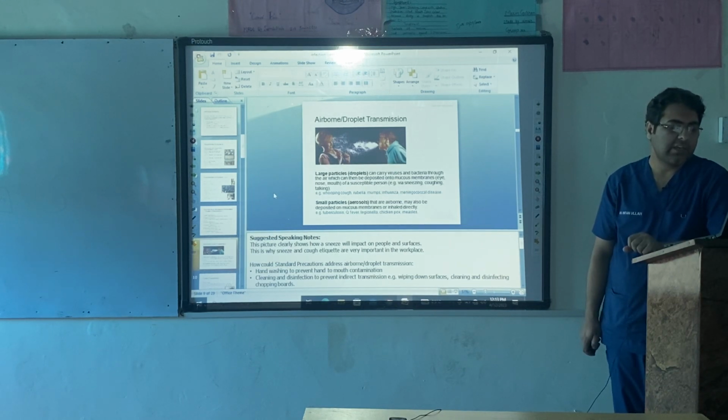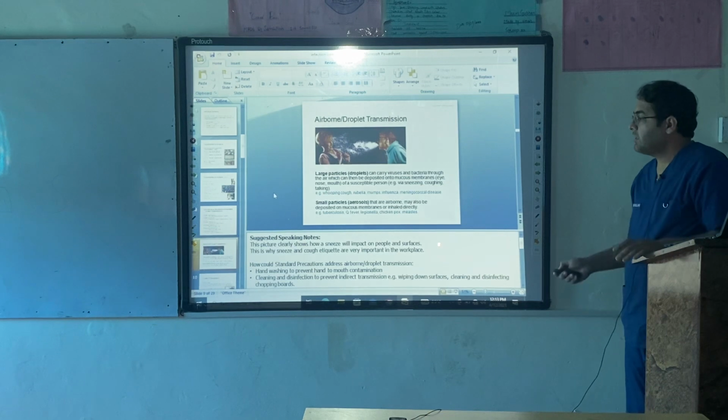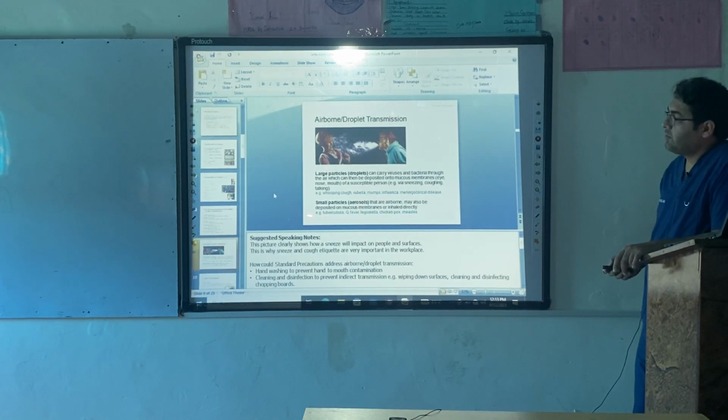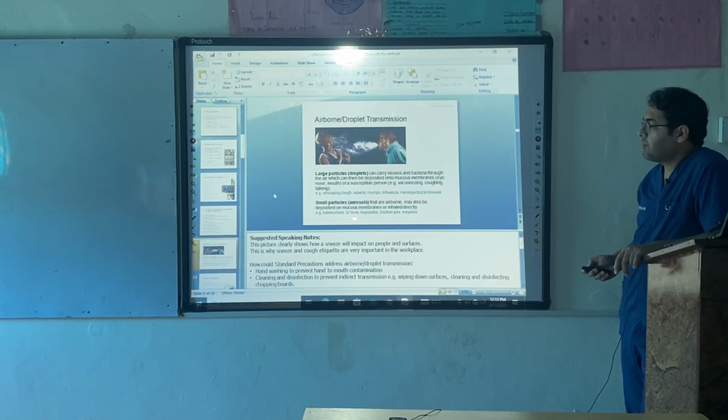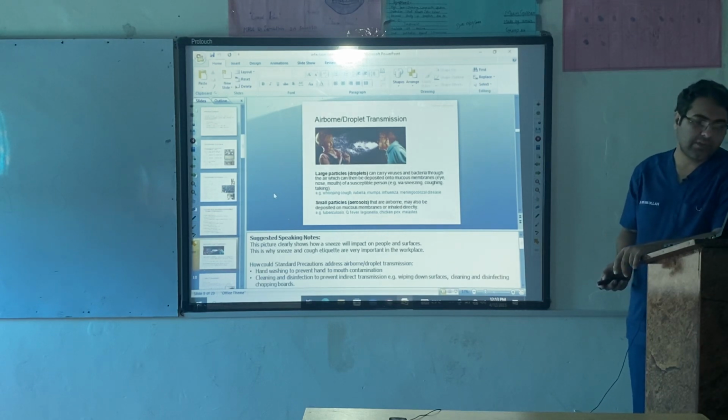Small particles, including aerosols, that are airborne and fly in the air may also be deposited on mucous membranes or inhaled directly, and these can lead to different diseases including tuberculosis, which is pulmonary TB, Q fever, Legionella, chickenpox and measles.